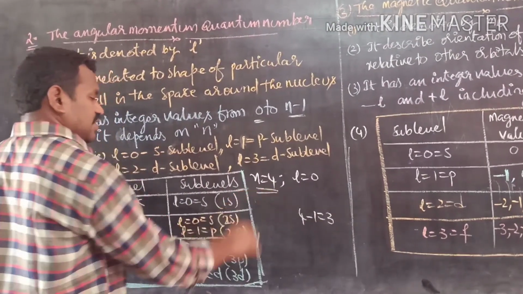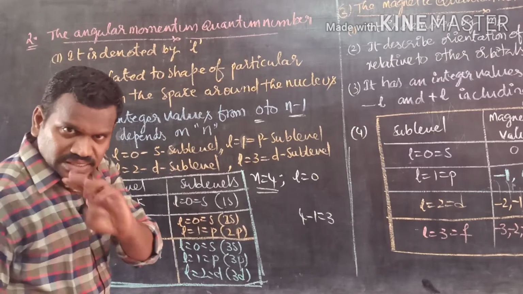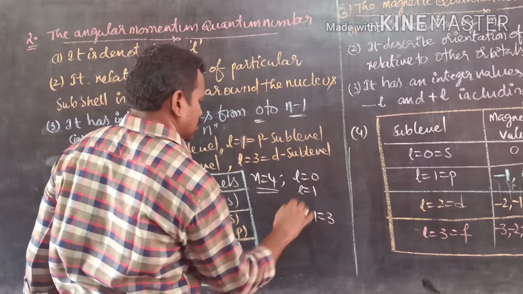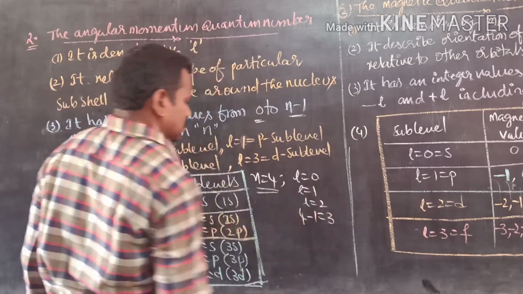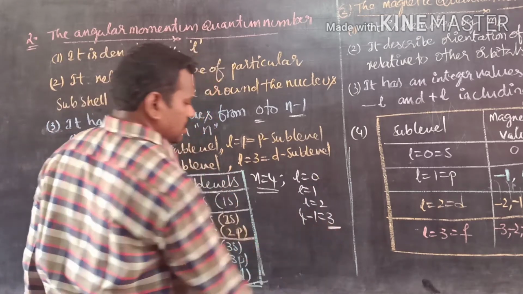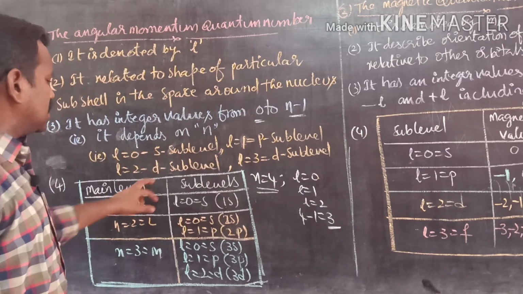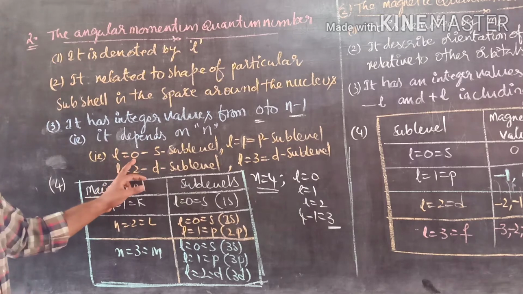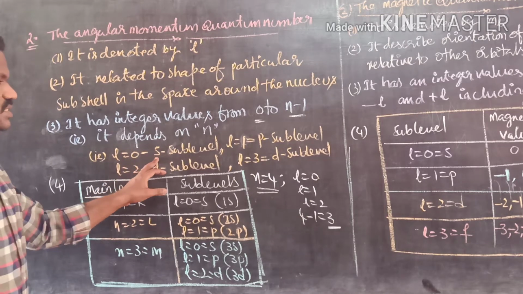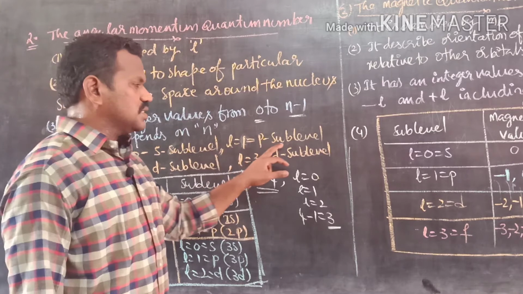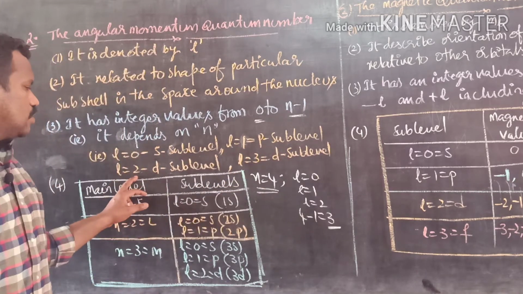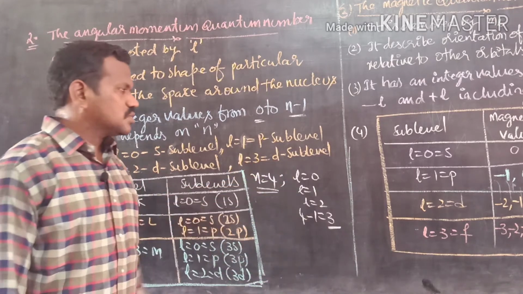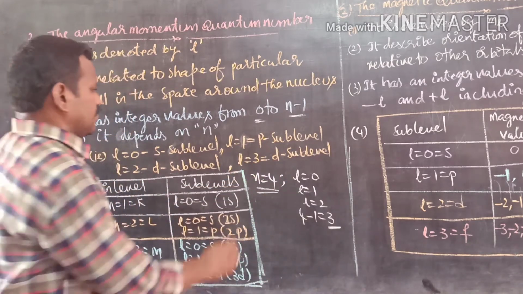That means main level 4 has 4 sublevels, with l equal to 0, l equal to 1, l equal to 2 and l equal to 3. This means sublevels depend on the main levels. Sublevel l equal to 0 is called the s sublevel, l equal to 1 is called p, l equal to 2 is called d, and l equal to 3 is called the f sublevel.